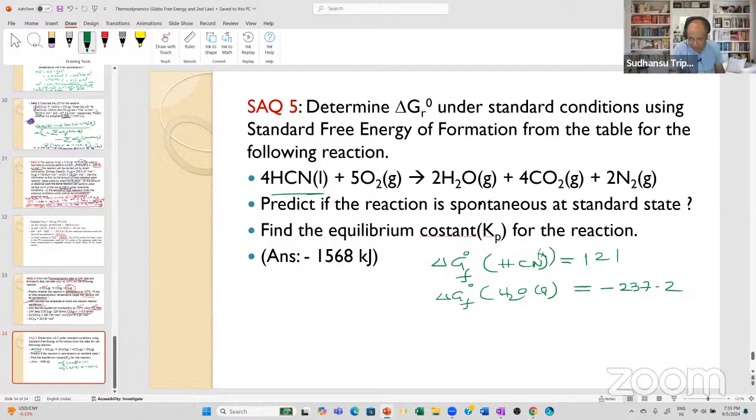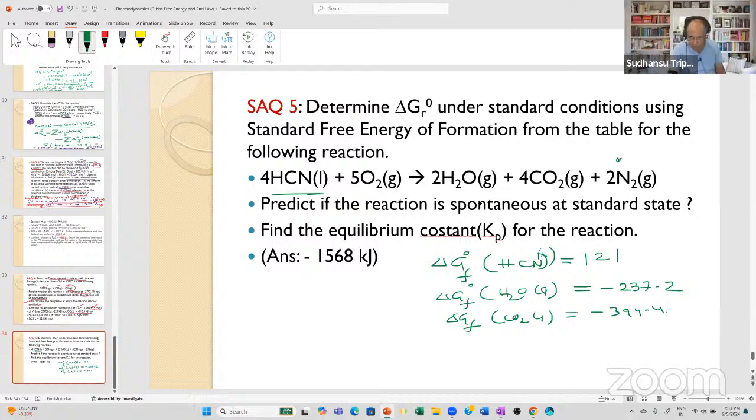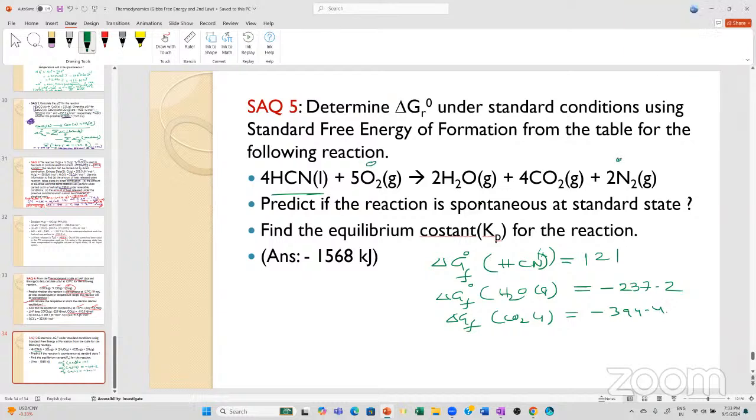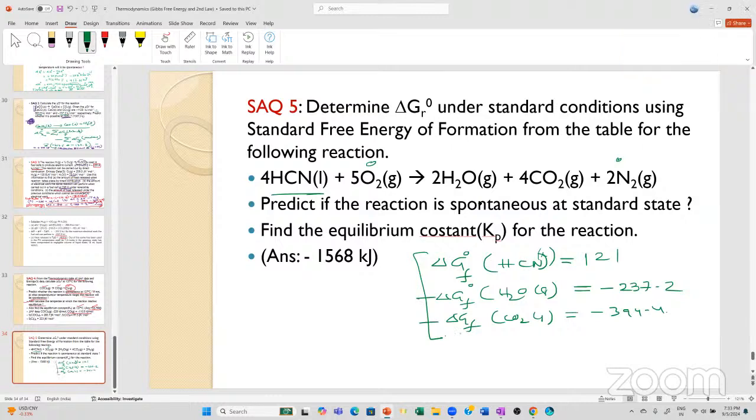And CO2? Sir, minus 394.4. And N2 is 0. Both del HF and del GF of elements are 0. Are you telling del GF or del HF? Sir, del GF.